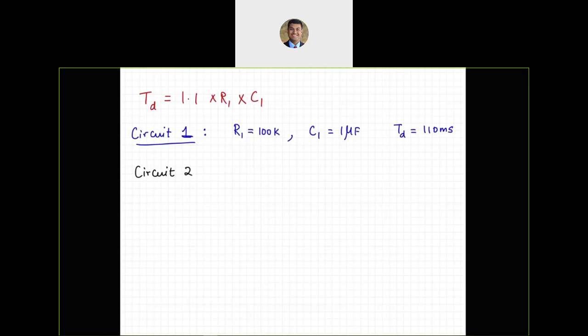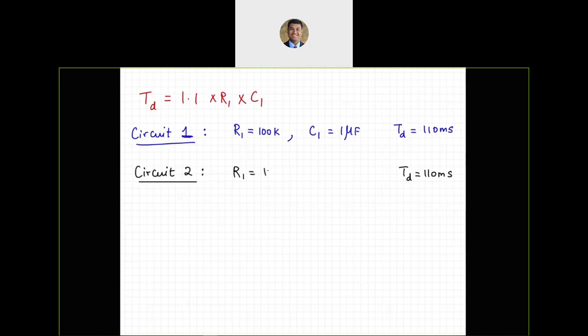Now for circuit 2, my goal is going to be to have a variation of this debouncer circuit so that I still debounce the switch. So I want to continue debouncing the switch. So still the same goal, which means my TD ideally should be about the same theoretically, but I need a new circuit. So what I'm going to do is this.